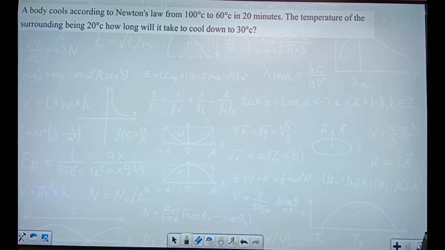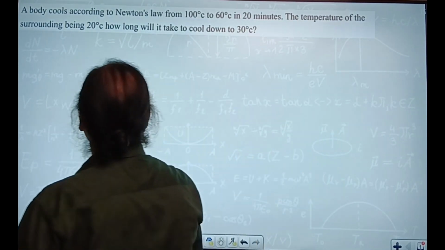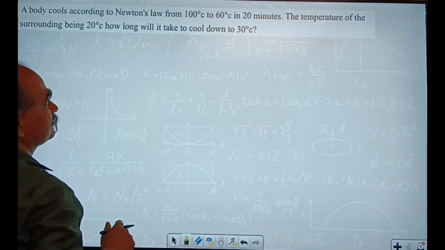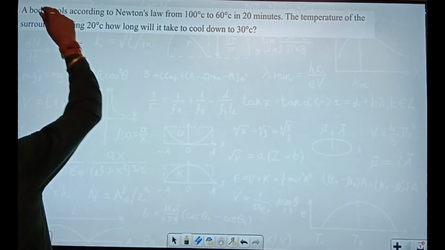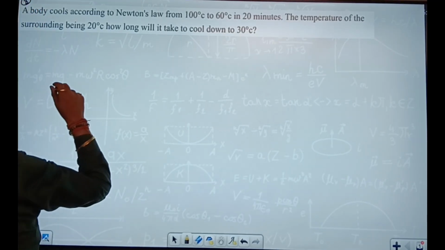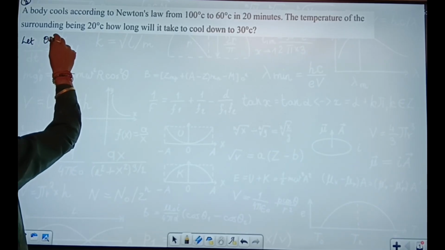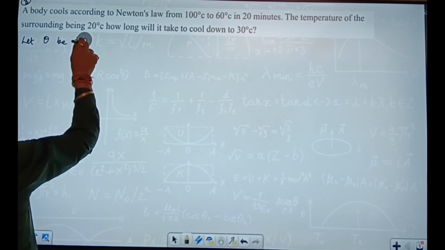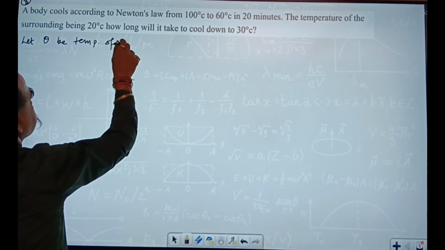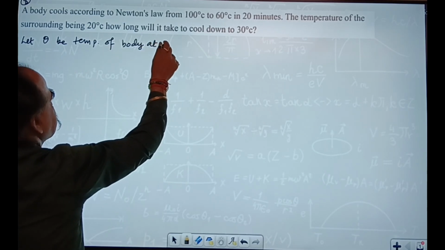So we'll go to our question number 8. A body cools according to Newton's law of cooling from 100 degrees Celsius to 60 degrees Celsius in 20 minutes. Let theta be the temperature of the body at any time t.